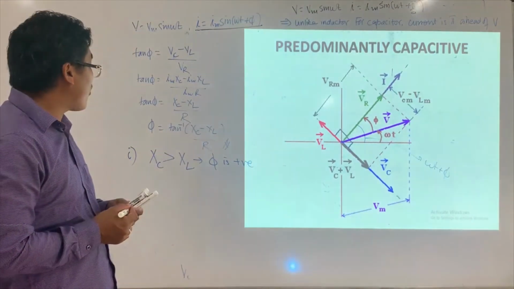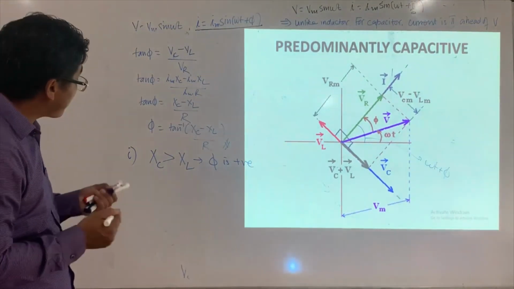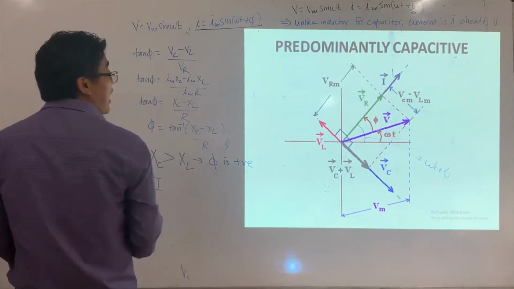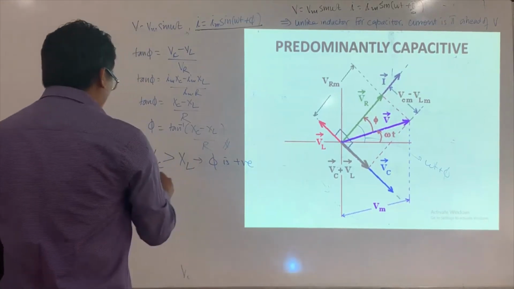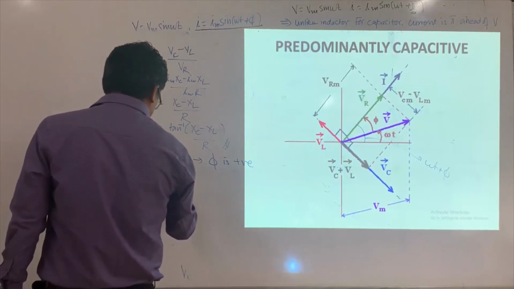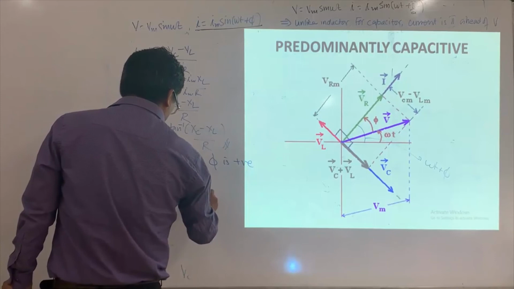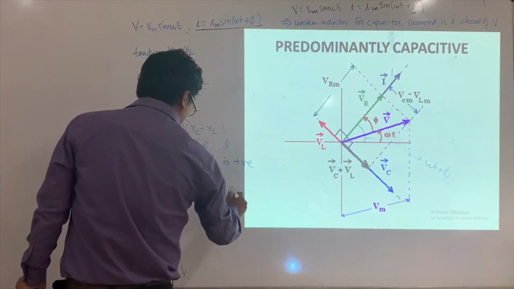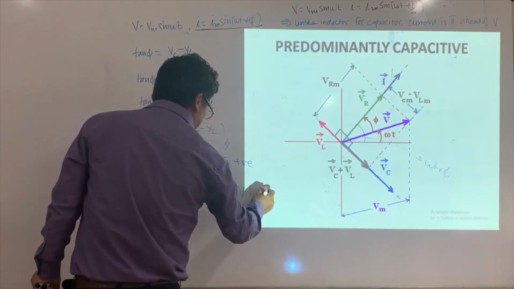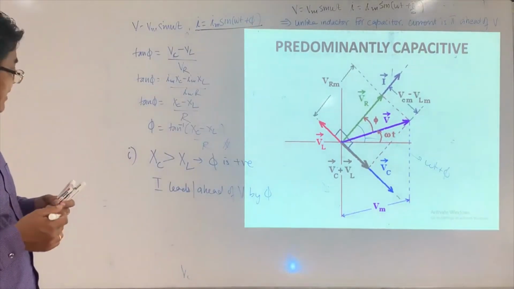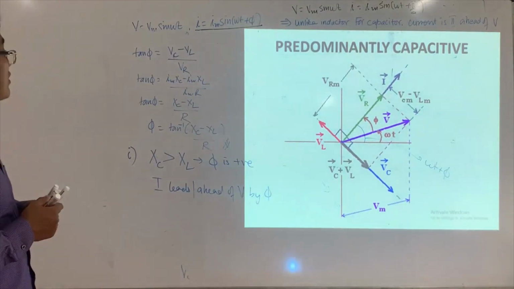In this case, current leads, or is ahead of, the voltage by phi. So current is leading the voltage.